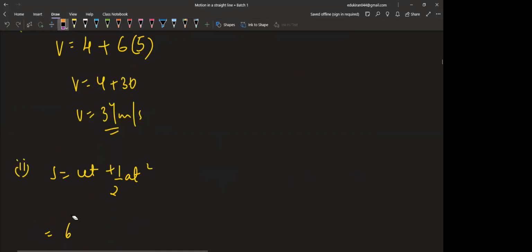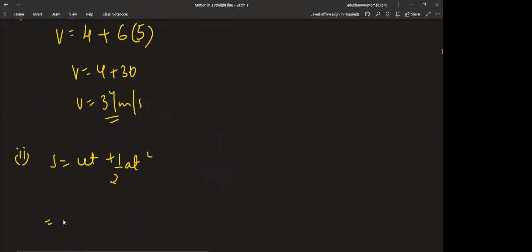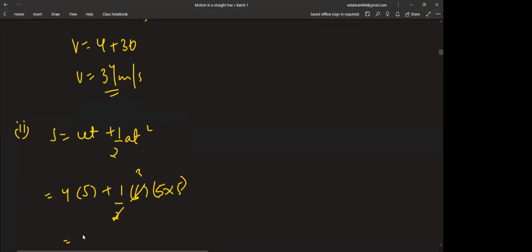U is 4, time is 5, plus half into 6 into 5 into 5. So this becomes 3 into 25, 75. 75 plus 20, it's 95 meters. Correct? Last part.